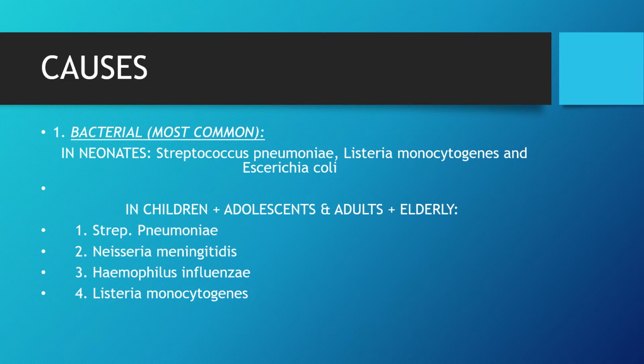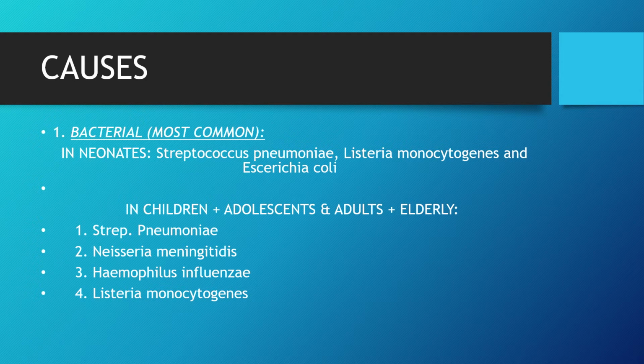In neonates, the most common bacteria that have been implicated on the basis of research to cause meningitis are Streptococcus pneumoniae, Listeria monocytogenes, and Escherichia coli. You'll simply just have to memorize the names of these organisms. There's no rocket science to them. There's no concept.